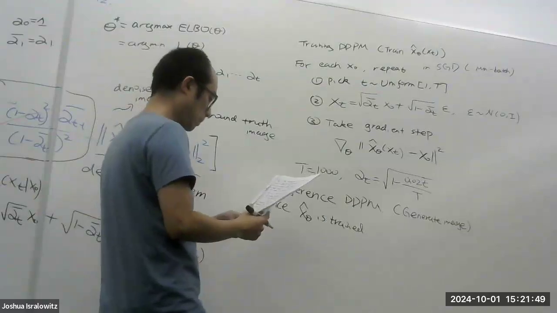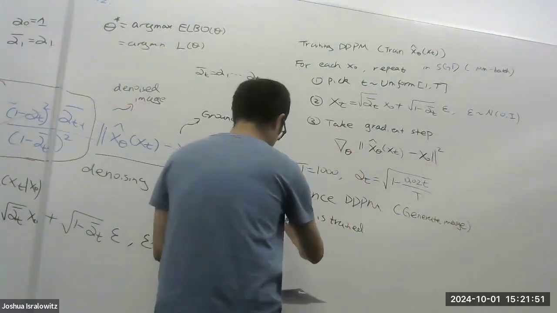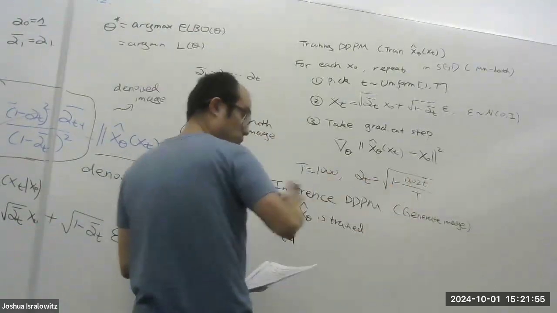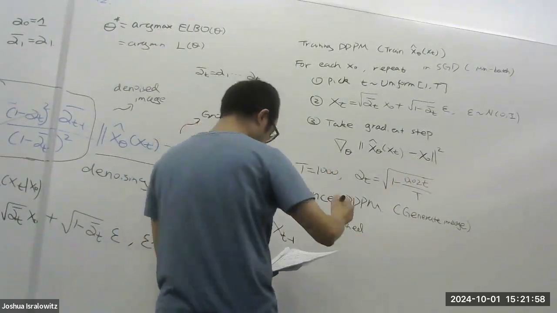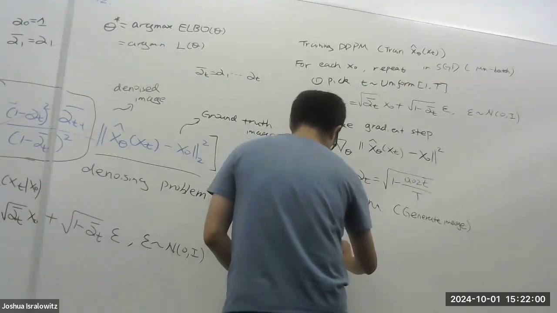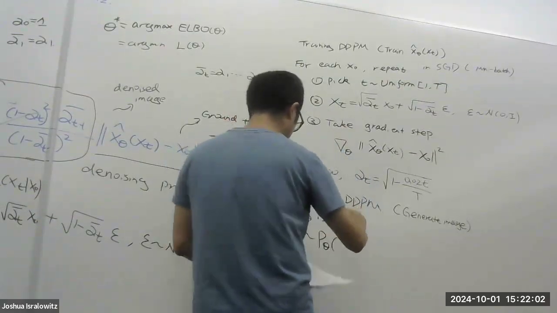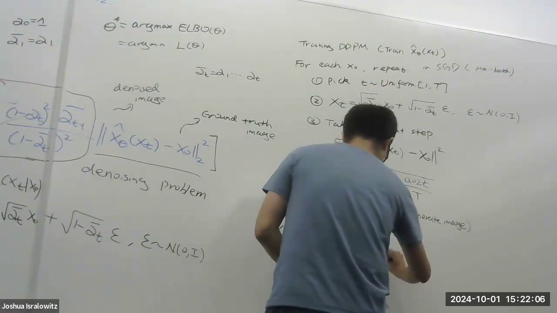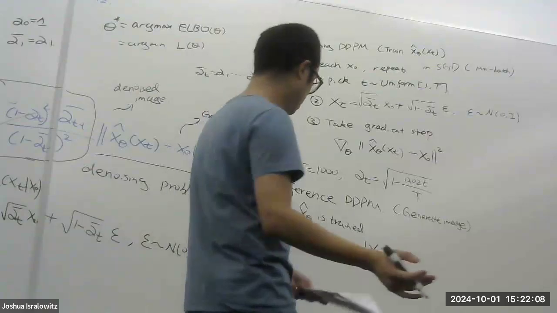what you do is, we can take a reversal step from xt to xt minus 1 because we know this follows a Gaussian.